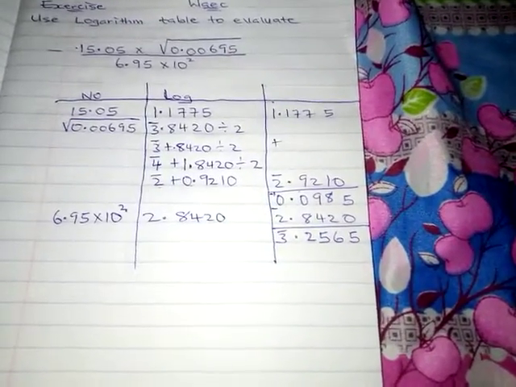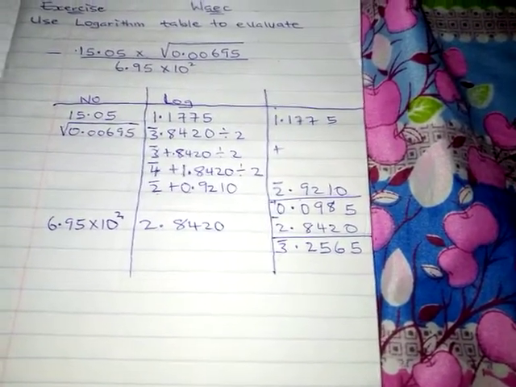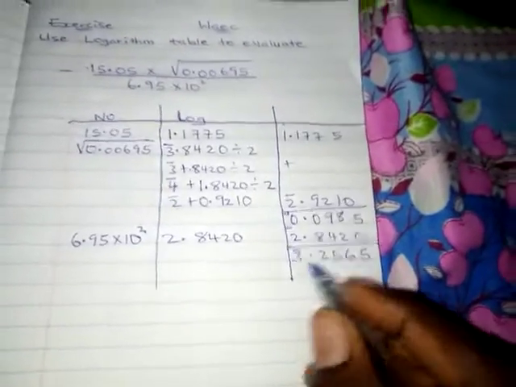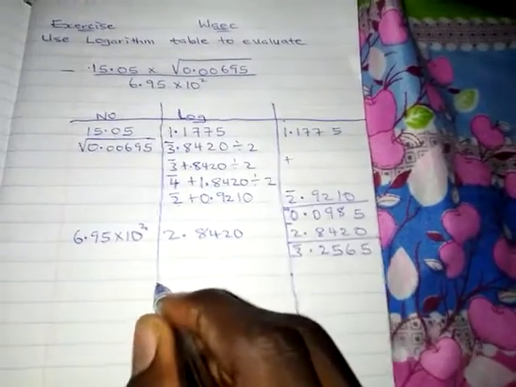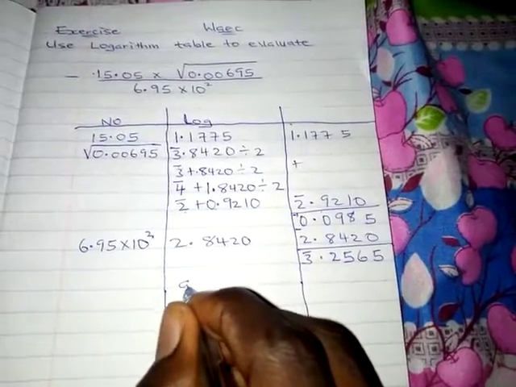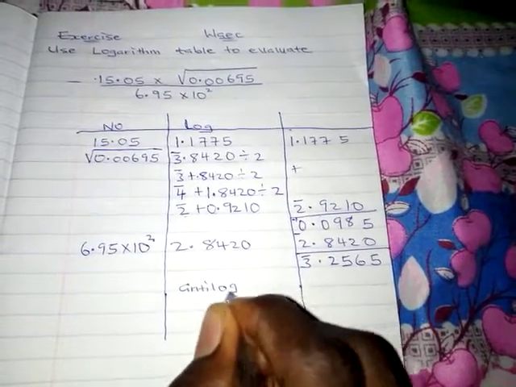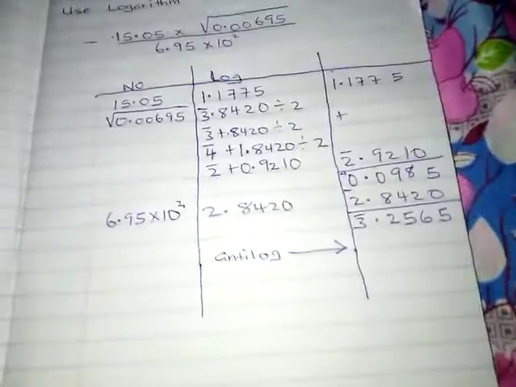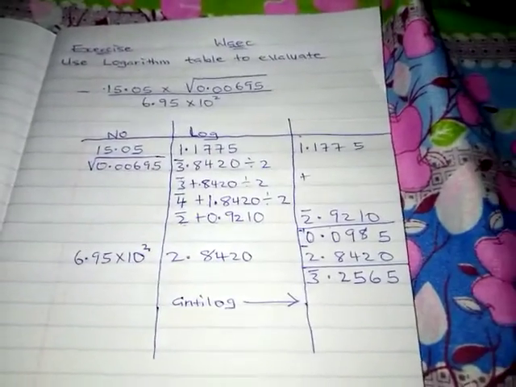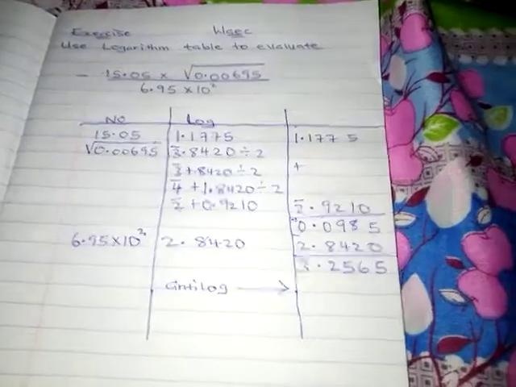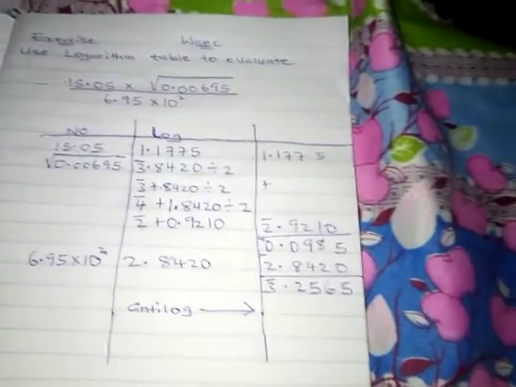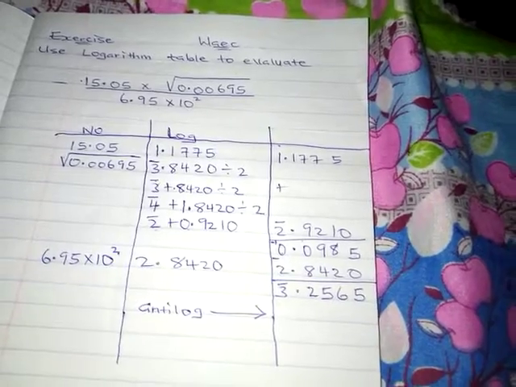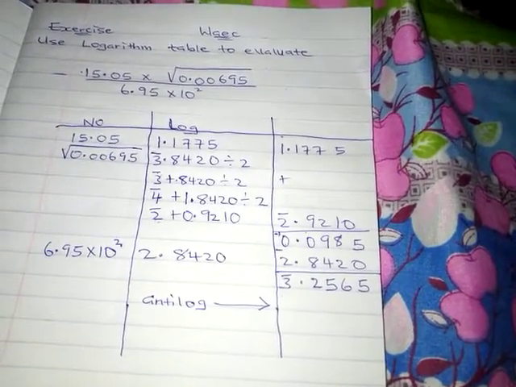Then from there we have to check our value from our 4-figure table to get our anti-log. So if we check it from anti-log, we check anti-log 25 under 6 difference 5.